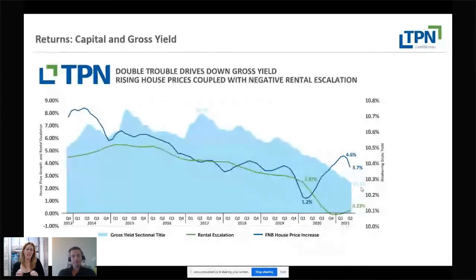The numbers are tight. And in order for you to make real profit, return on investment, a lot of work has to go into the numbers. Reality, there's no fat in the market at the moment, right?